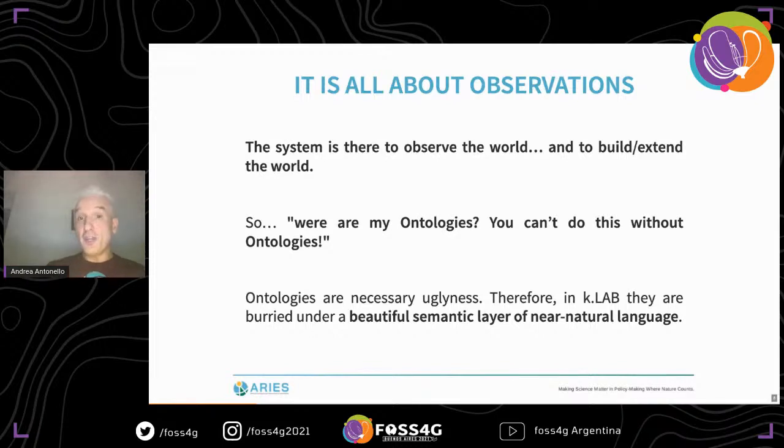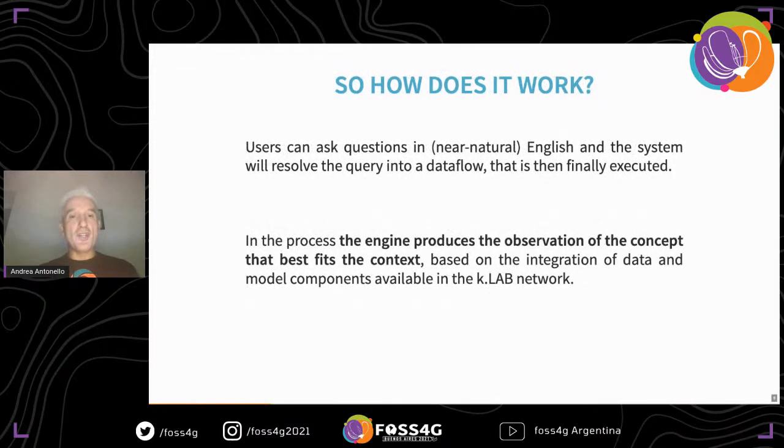And therefore, I love KLab, because in KLab, what happens is that ontologies are buried under a semantic layer of near natural language. What does that mean? That a user can just approach, ask a question in English, and the system will resolve the query into a data flow. And throughout this resolution, it will go down the tree of the concepts and the dependencies of the concepts until it gets down to the ontologies, where it validates everything.